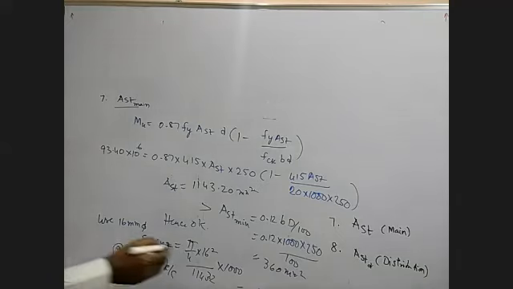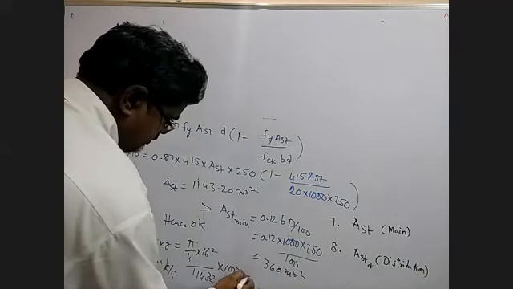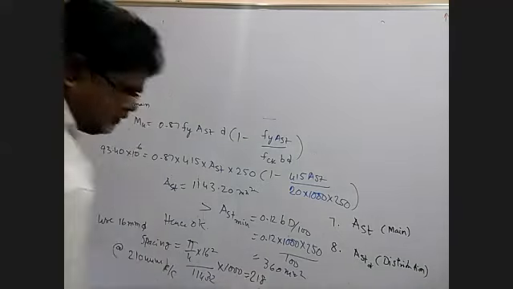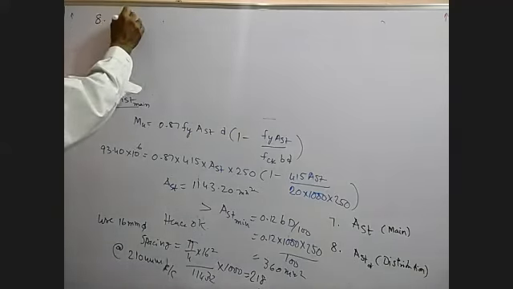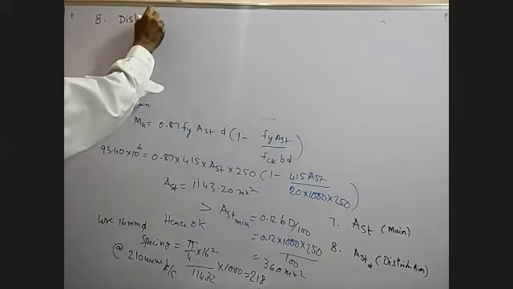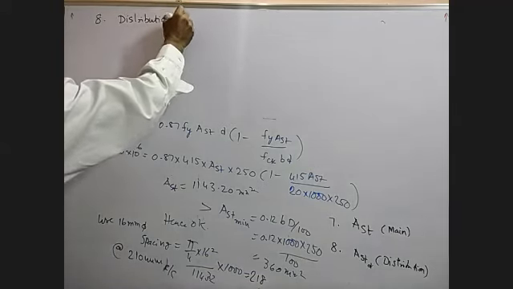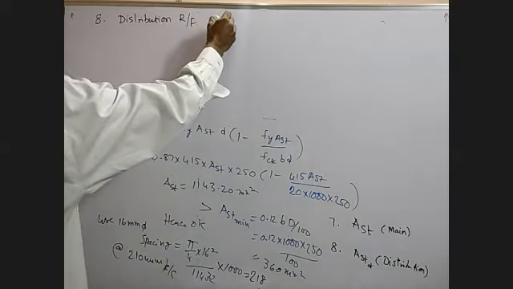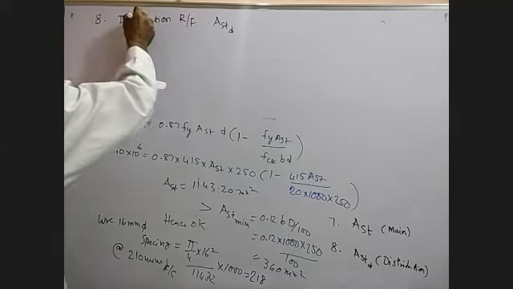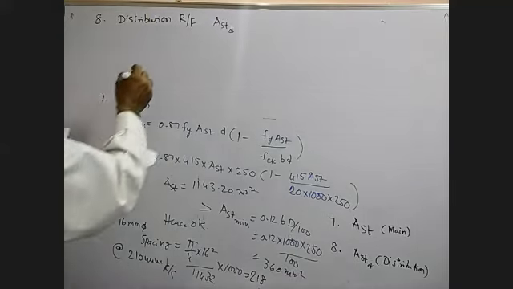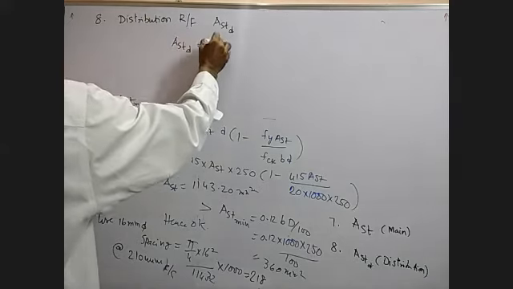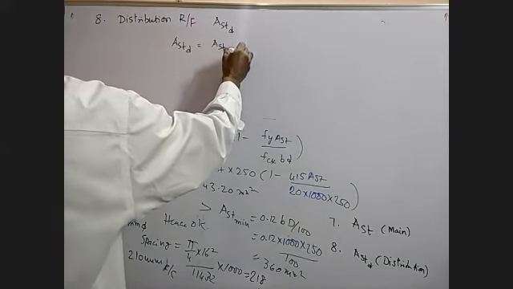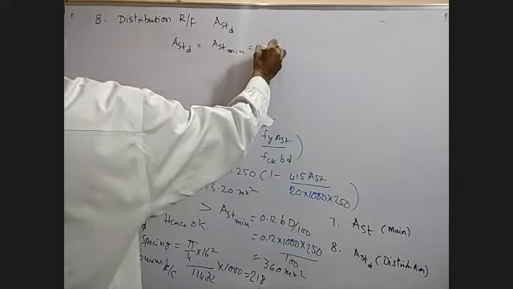So here you will get 280. Okay, now the last step is distribution reinforcement. AST D is equal to AST minimum. AST minimum, I just now calculated, is 360 mm square.